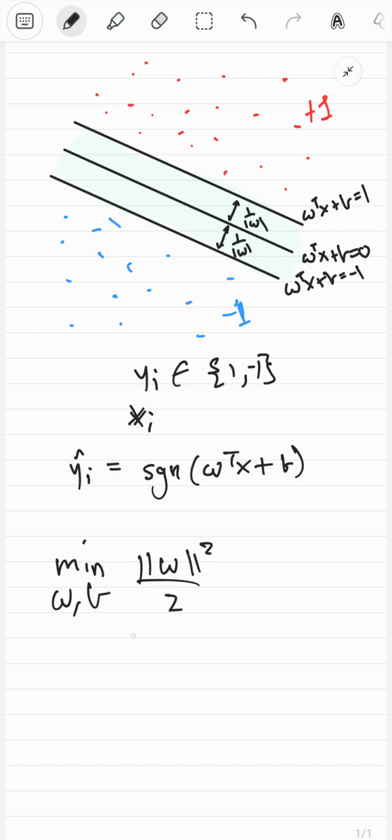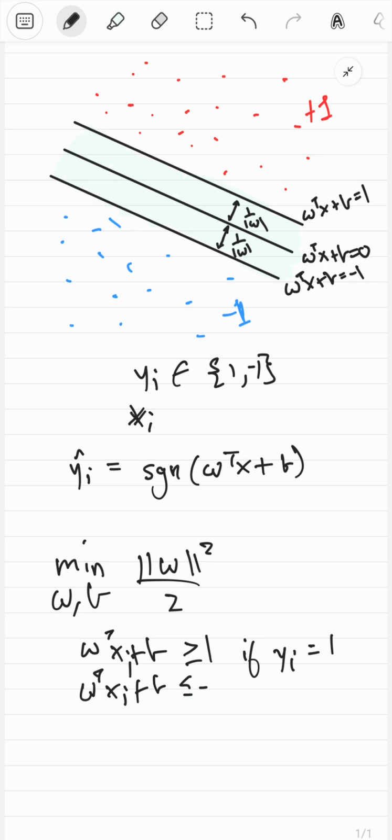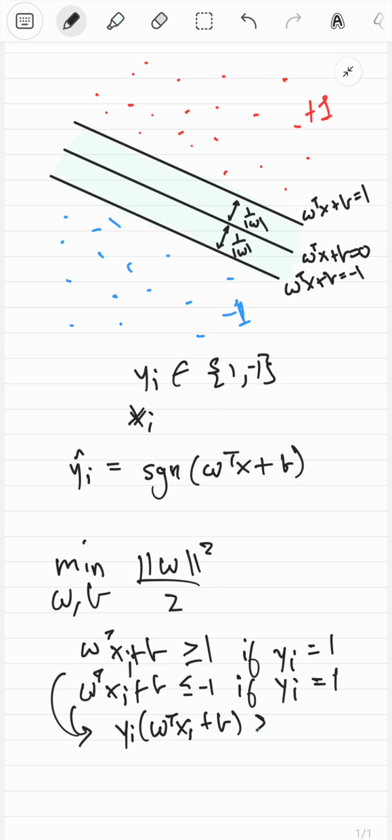So w transpose x plus b should be bigger than or equal to 1 if the true label is +1, and the corresponding condition should hold if the label is -1. We can combine both conditions into a single one: yi times (omega transpose xi plus b) should be bigger than or equal to 1.